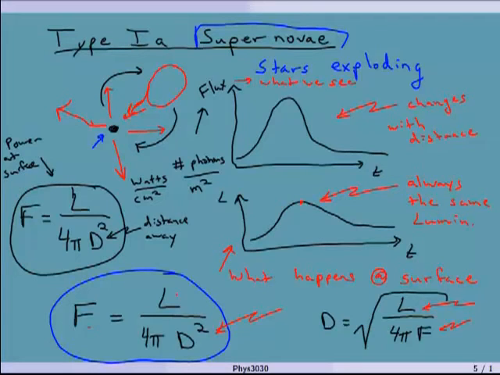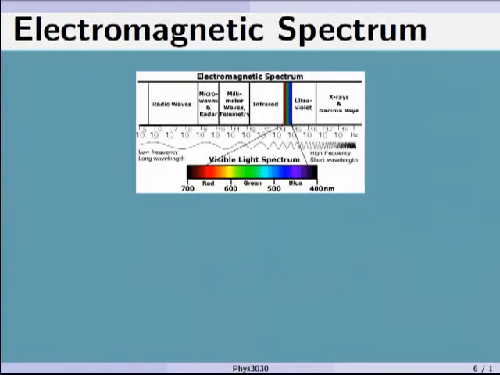The last thing that we're going to talk about is the electromagnetic spectrum. I'm just going to show you a couple of pictures here that sort of sum up what's going on. This is a picture of the electromagnetic spectrum.